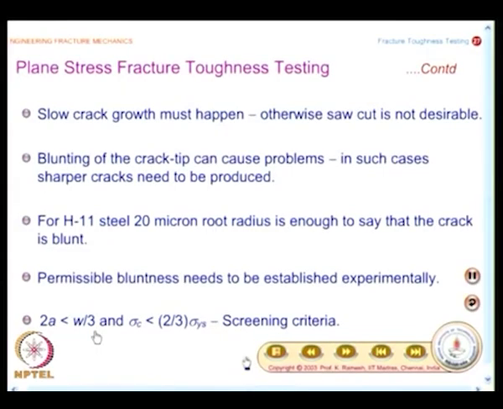Here you have a screening criterion which says 2a should be less than W/3, and whatever fracture strength that you obtain should be less than 2/3 times the yield strength, sigma ys. This is only a screening criterion.